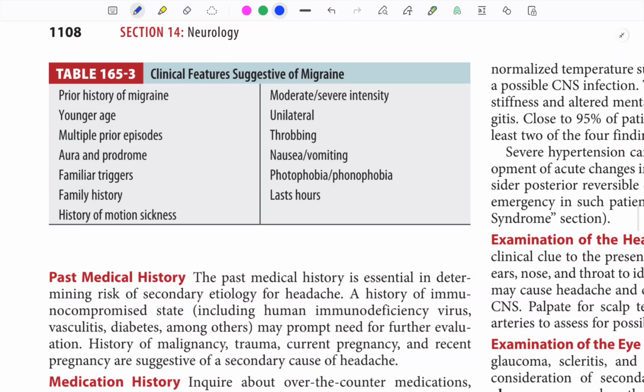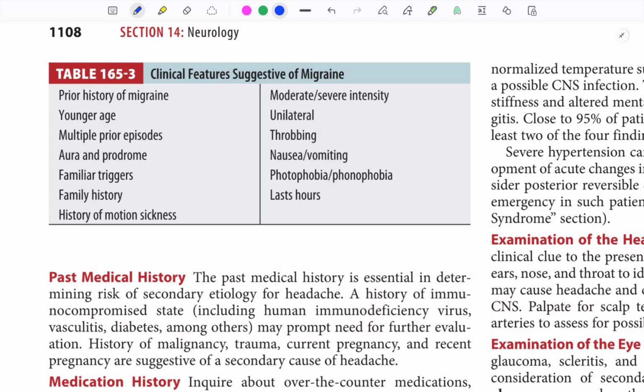What are the clinical features suggestive of migraine headache? Prior history of migraine, young person, multiple prior episodes, aura and prodrome. Aura is a visual or audible stimulus which indicates that a headache is about to occur. Then family history and some familiar triggers.